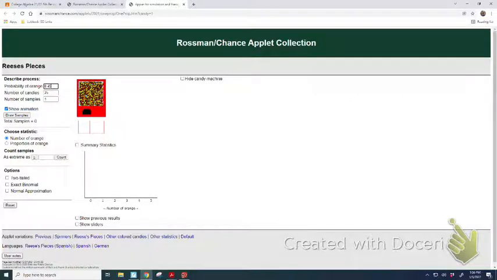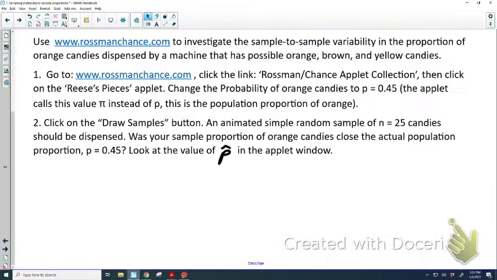So I changed that to 0.45, and by the way, in the notes, I talk about pi versus p. I think on that website it uses pi, and that resembles the true proportion or the parameter. And then they use p hat to symbolize the statistic, which is what we use, and that's a proportion of orange based on the sample.